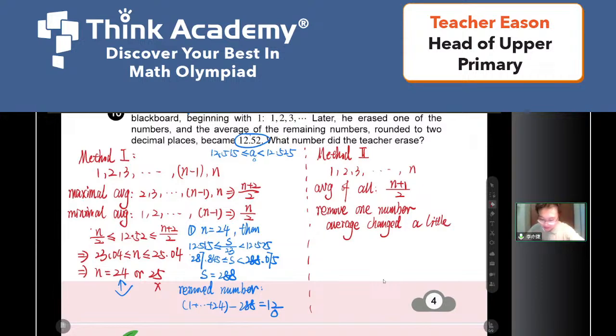Which means the original average and the actual average, the remaining average, are similar. We can treat it as the same. And then we can get n plus 1 over 2 around this, so n is around 24.